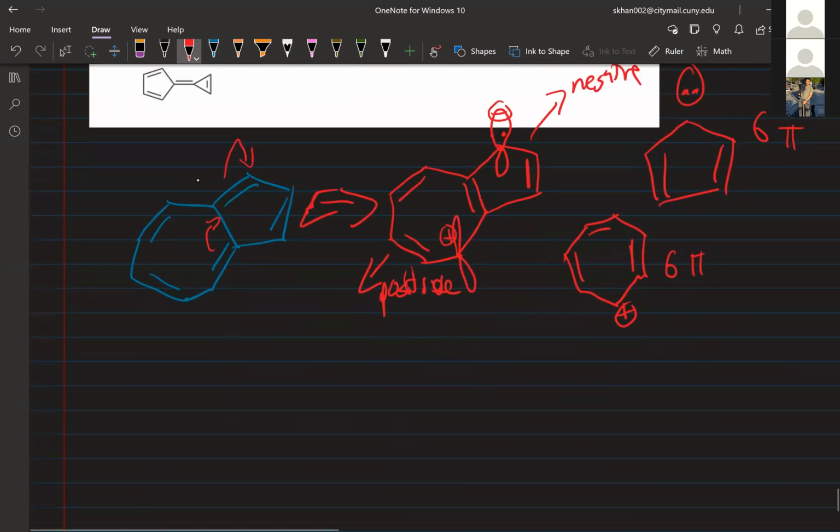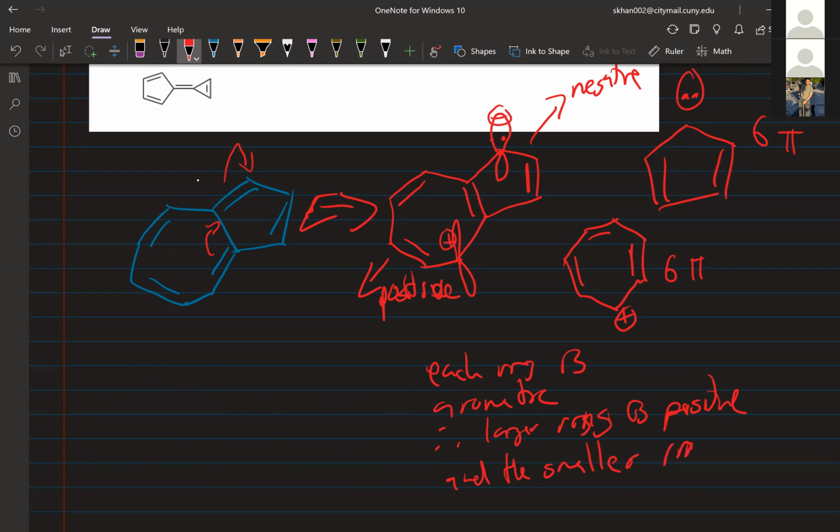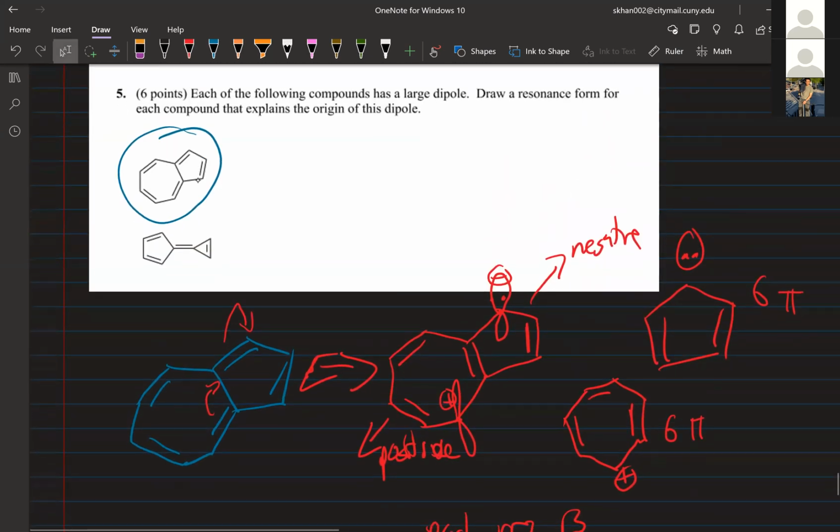So your answer would be: each ring is aromatic, therefore the larger ring is positive, and the smaller ring is negative, and that creates a dipole. Because essentially you could say this is going to be partially negative, this is going to be partially positive.